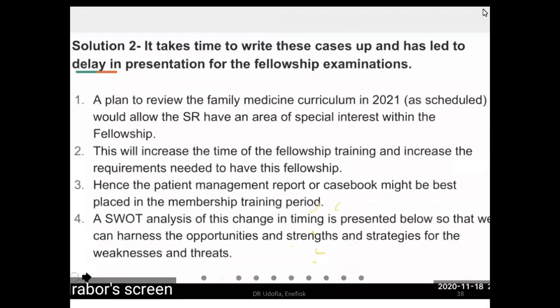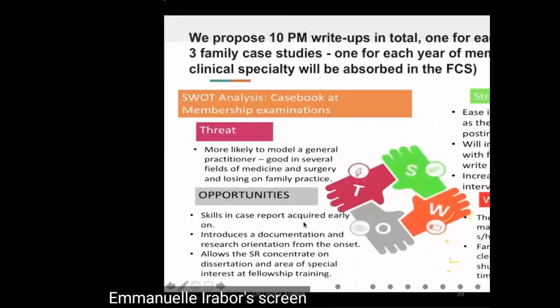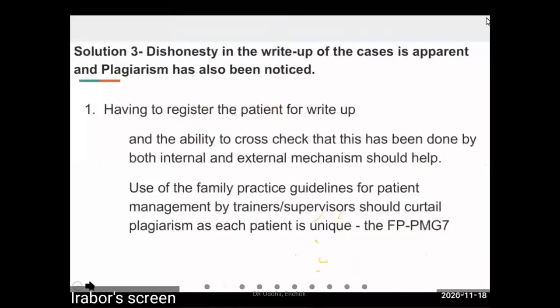Well, these are just a few things that the college is trying to do. I don't want to waste time on that. About the dishonesty, the college is trying to see how you can register every case you see in your ward and you feel you should write. You should take it to your consultant to register with the supervisor.